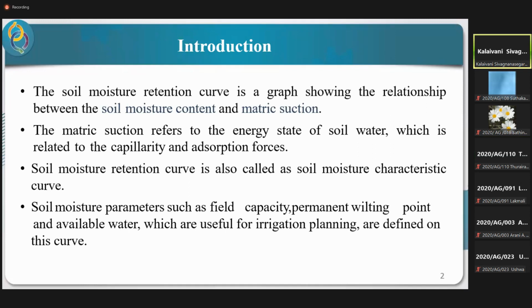With that, you can plan the irrigation schedules. If the soil is in saturation condition, you need not irrigate the soil. Likewise, you can plan the irrigation using this soil moisture content or available water. That is the basic purpose of finding the soil moisture or available water.